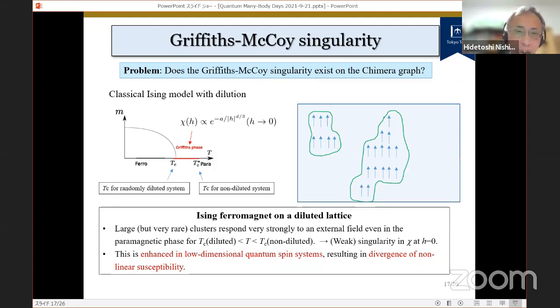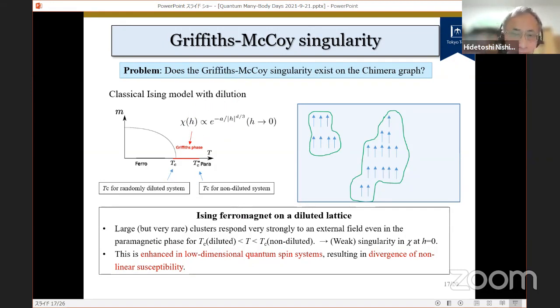So this very large response of the system in very rare clusters produces this essential singularity as a function of the external field.